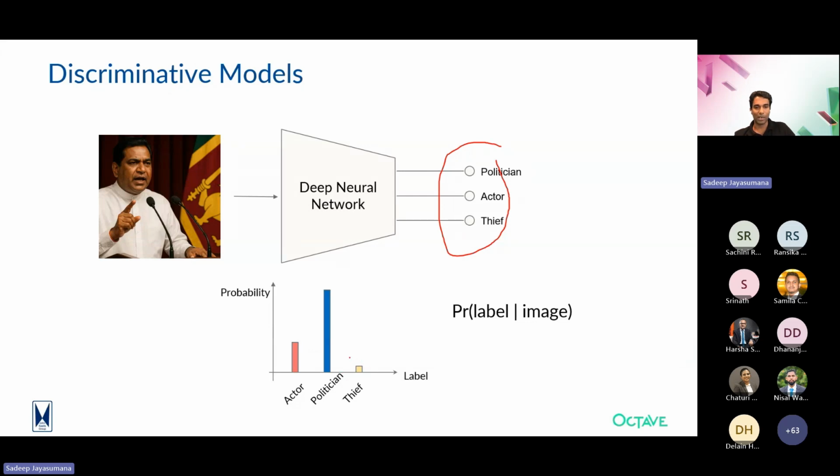So that sort of model, that sort of output we can get, but still we are modeling the label given the image, and this is a low dimensional problem. If you look at your output space, these are just three outputs. Only three labels, and then you are modeling a probability distribution over those three labels.